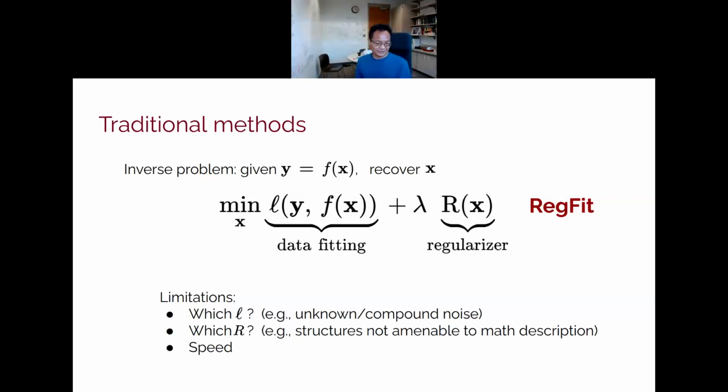But it's not always the case that you know the noise model, or maybe you know the noise model but can't find a good loss. Maybe the noise process is two or three kinds of noises intermingled together, so it's very hard to find the appropriate loss term.